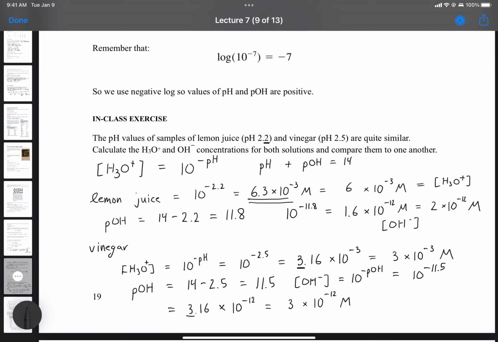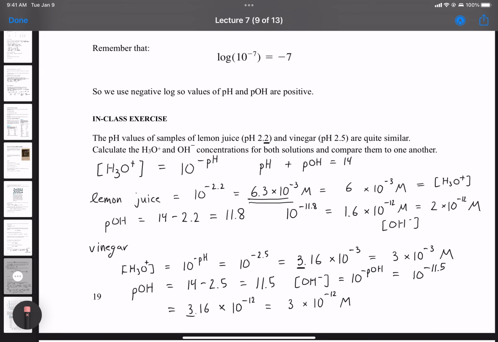And now if we multiply these two numbers, 3e to the negative 12 times 3e to the negative third, we should get the kW value. Interesting.